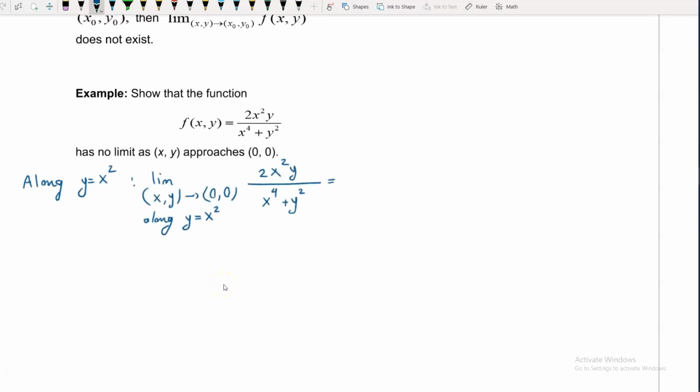The limit as x, y approaches 0, 0 along y equal to x squared of 2x squared y over x to the 4th power plus y squared is equal to 2x squared times x squared, divided by x to the 4th power plus, now instead of y we have x squared, which is equal to 2 times x to the 4th power divided by 2 times x to the 4th power, and this is equal to 1.